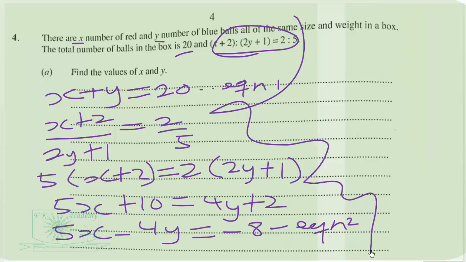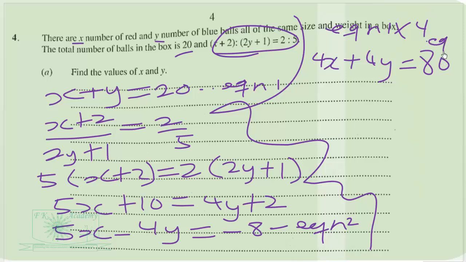We can solve the two equations simultaneously. Let us multiply equation 1 by 4. So that will give us 4x plus 4y is equal to 80. So we have the third equation here. We now add equation 3 and equation 2.